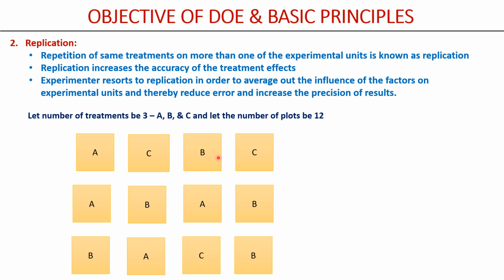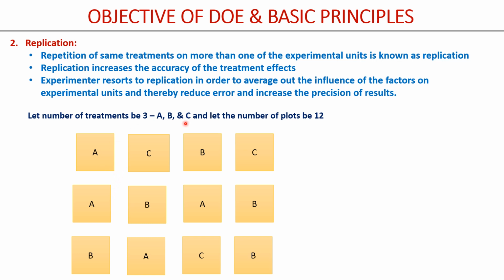When I repeat a problem, I expect the same answer. So repetition here is only ensuring consistency. On an average, when you replicate an experiment, there may be slight differences, and you can take an average to recognize the influence of the factors on the experimental units.